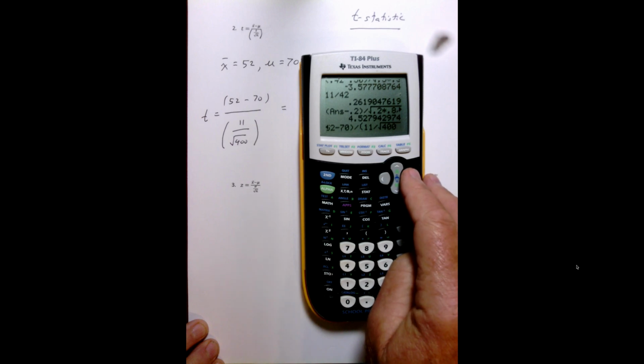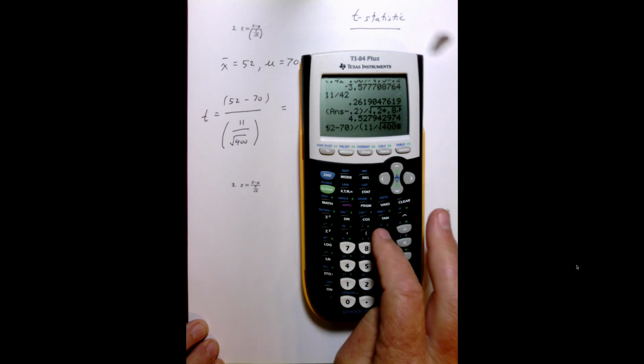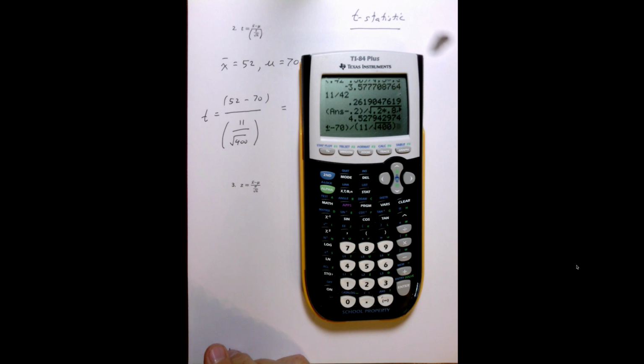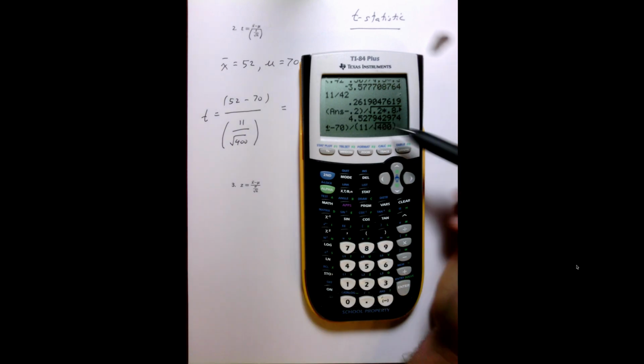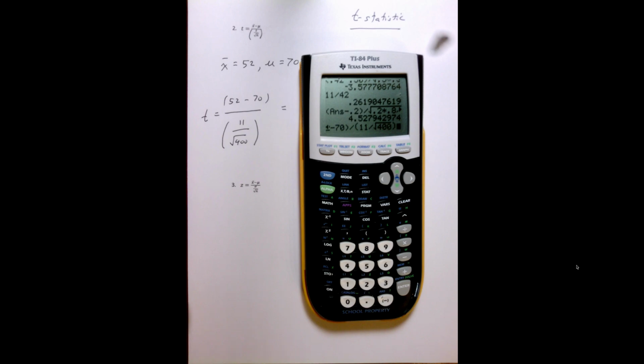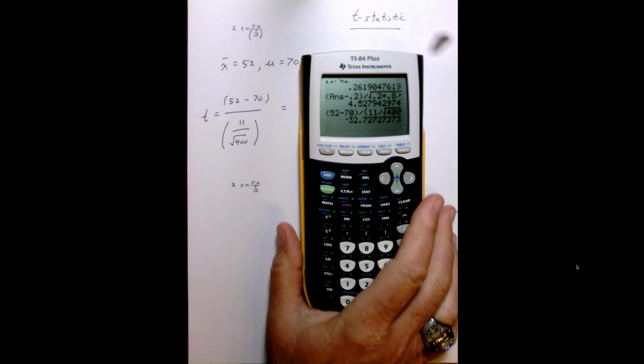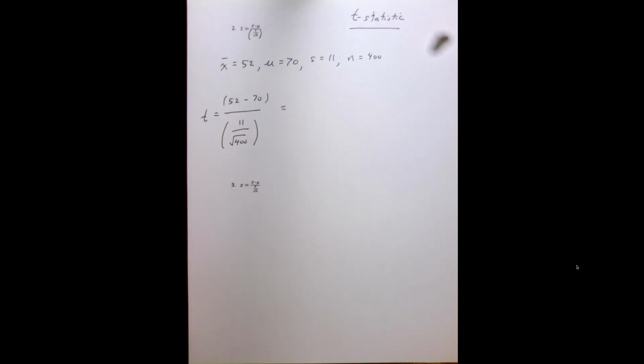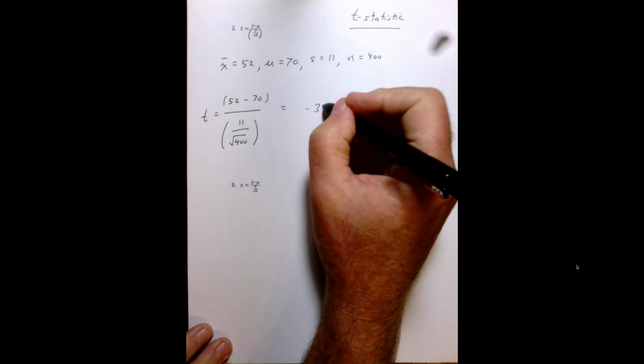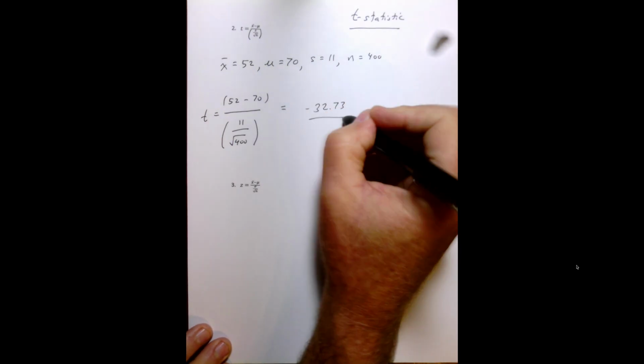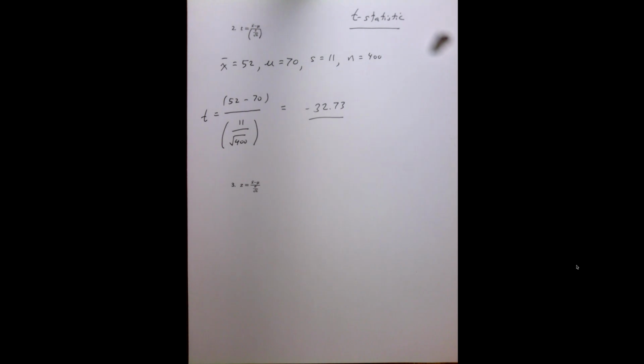Need to go to the right to get out of that square root, and put the parentheses, because I want that parentheses to contain, or to end, the entire expression of 11 divided by the square root of 400. All right, so hit enter, and I get negative 32.873, if rounding to two places.